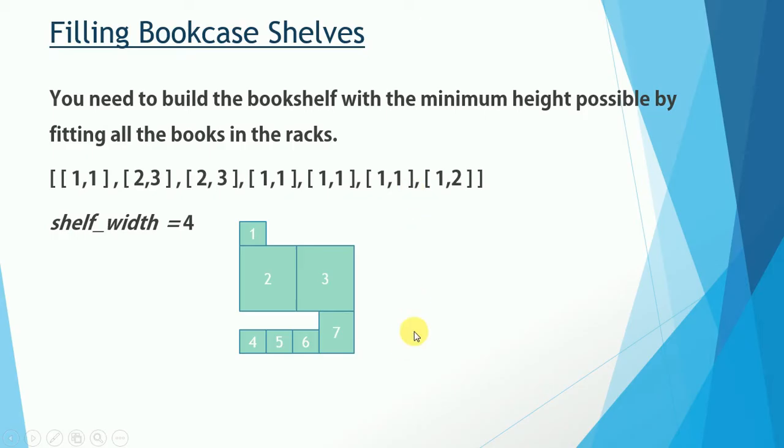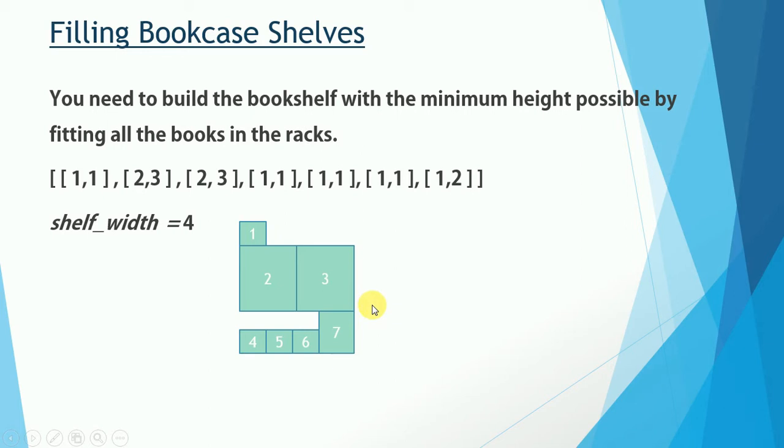If I place book number 1 on rack number 1, it is going to give me the height as 1. Then I am going to place book number 2 and book number 3 on the second rack. So the maximum height is going to come out as 3 obviously. So 3 plus 1 till here is going to give me 4. That means for the first 2 racks I am getting the combined height as 4.